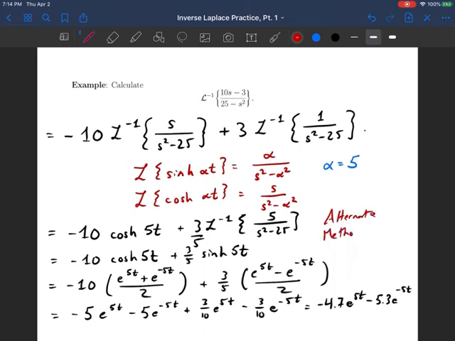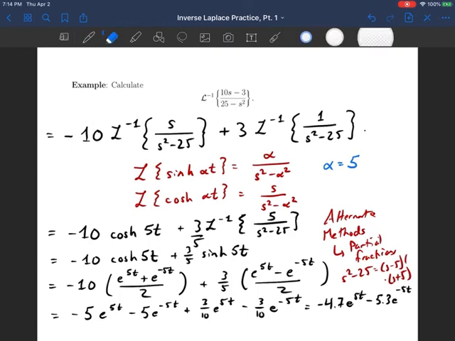Now, an alternate method of doing this would have been to use partial fractions, recognizing that s squared minus 25 is s minus 5 times s plus 5.